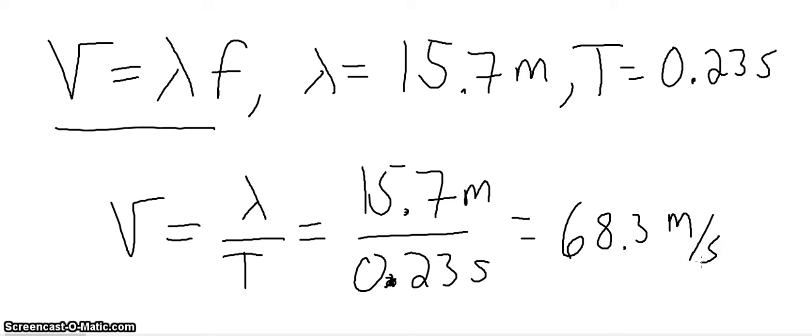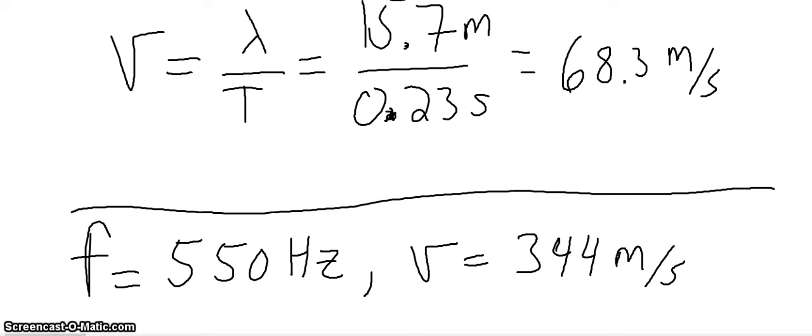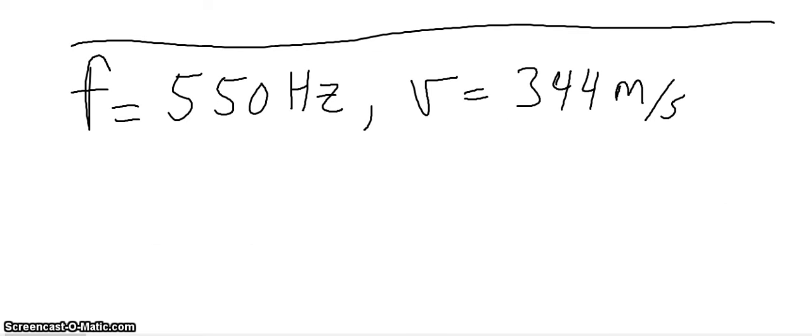All right, let's do another example. In this example, to make it a little different from the last one, we're going to be given that the frequency is 550 hertz and the velocity of this particular wave is 344 meters per second, which I should mention is a sound wave.